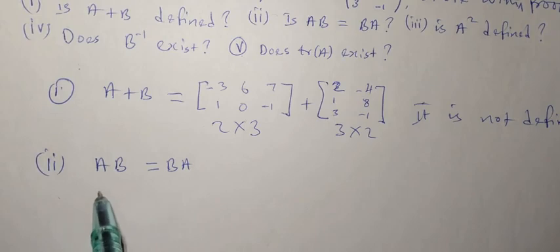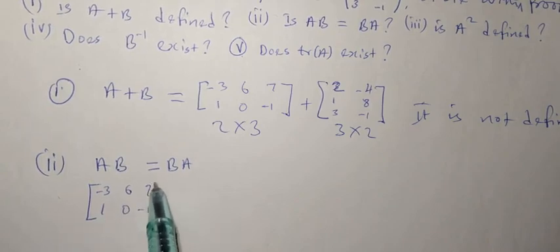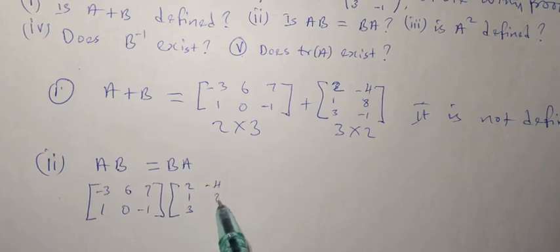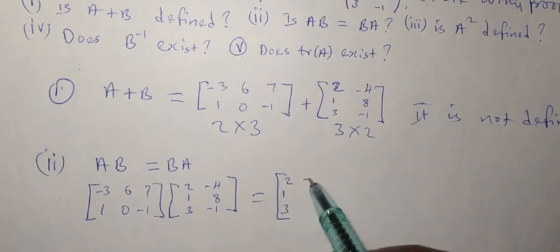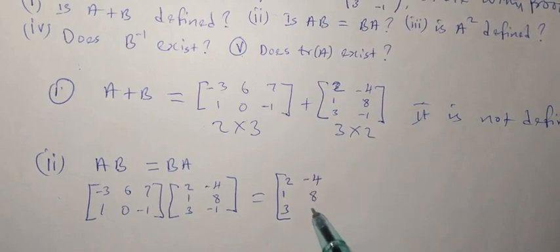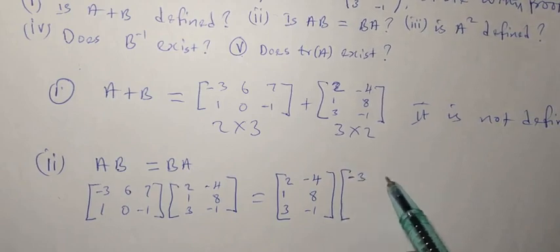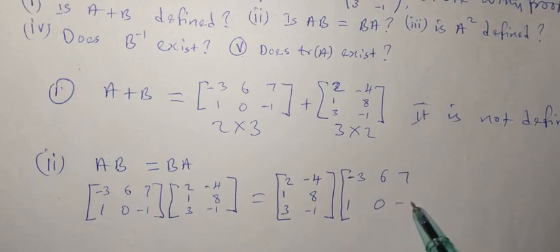Here A is minus 3 6 7, 1 0 minus 1, multiplied by 2 1 3, minus 4 8 minus 1, and then the order changes: 2 1 3, minus 4 8 minus 1, followed by minus 3 6 7, 1 0 minus 1.